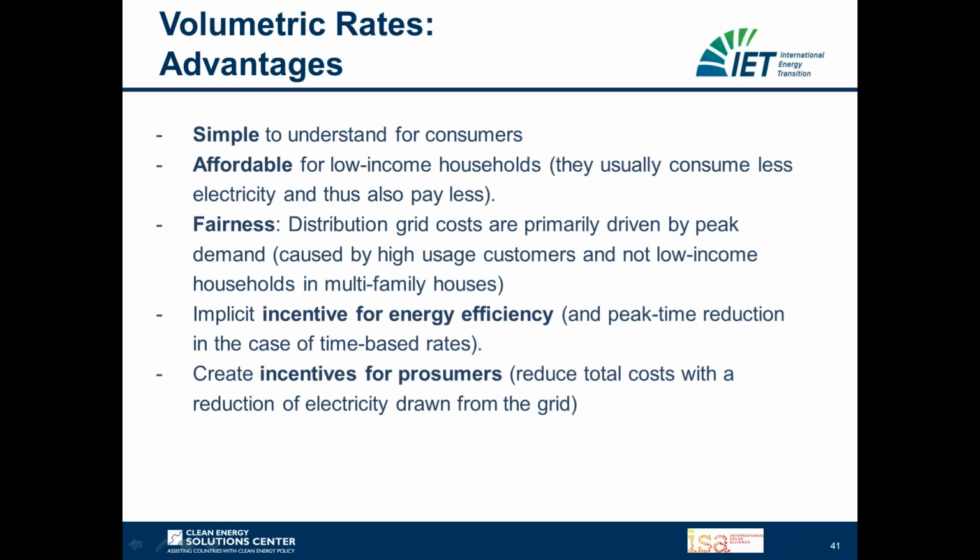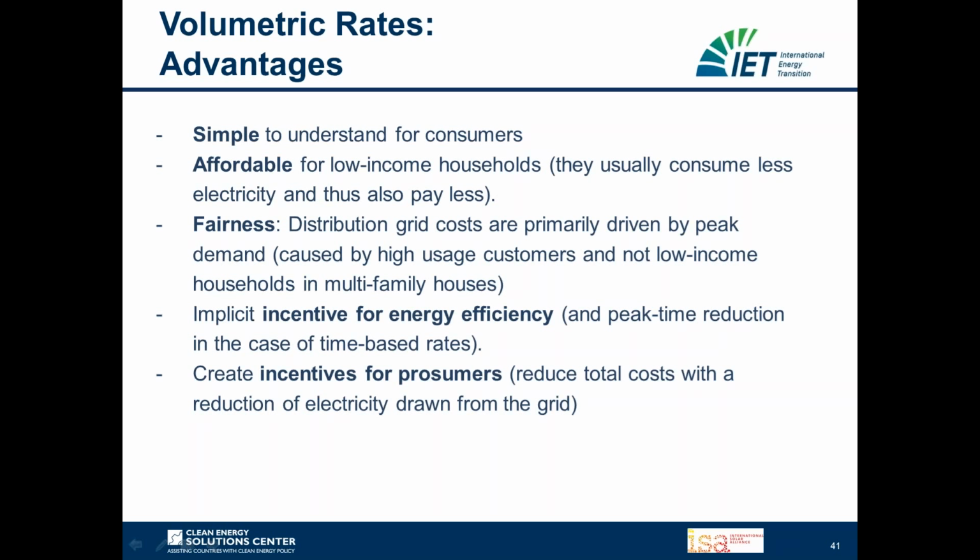Also, from a fairness perspective, they are usually better than other rate design options, such as fixed charges, because the distribution grid costs are primarily driven by peak demand. And if you have an implicit incentive for this, this of course helps to reduce overall cost.